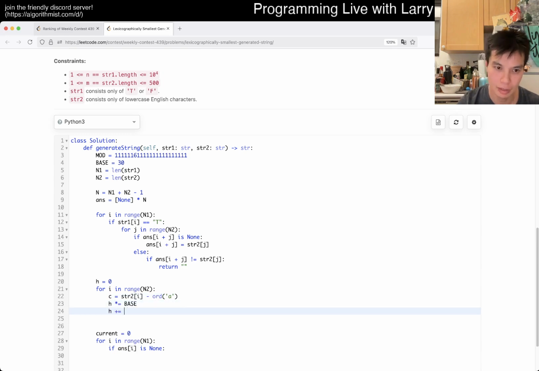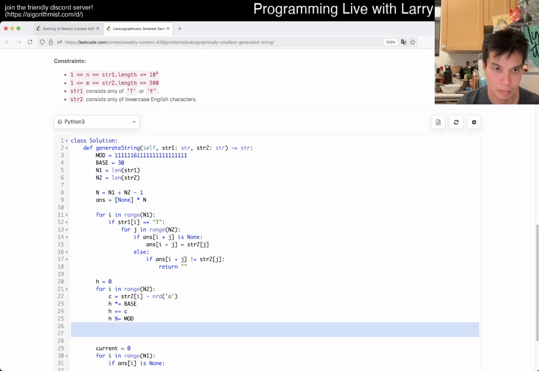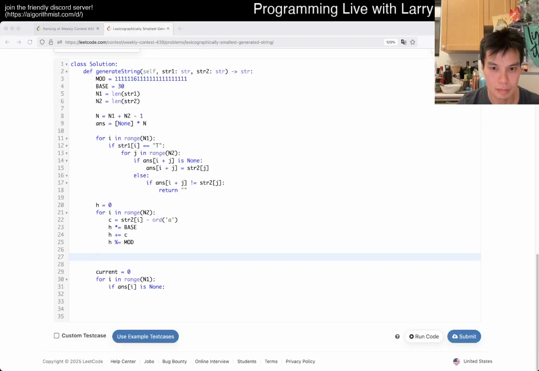Shift and add. Right. Okay, I think we're good. Maybe with the hash. Okay.